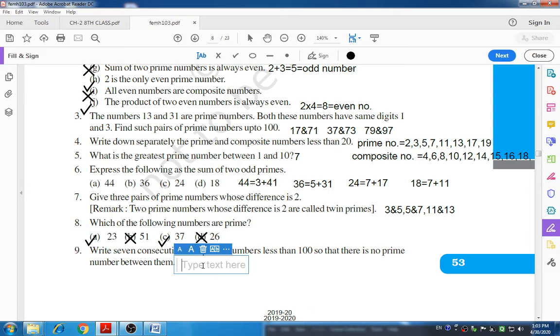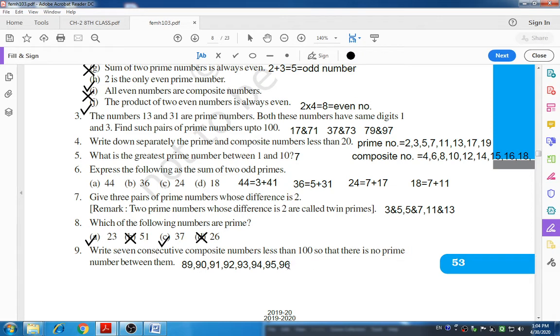So it is 89, then 90, then 91, then 92, 93, 94, 95, 96. Okay, look at how many we have found: 1, 2, 3, 4, 5, 6, 7, 8. Already we have found 8 consecutive composite numbers which are less than 100.